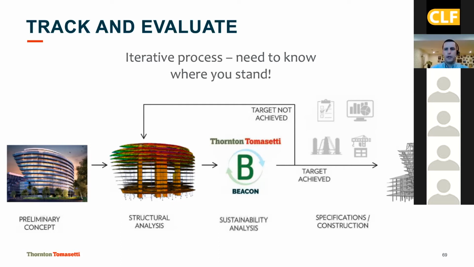We have processes internally that can take us from different models into Revit and back and forth. And so there's this feedback loop that we as structural engineers can and should be taking advantage of to reduce the carbon footprint before we even get into the specification part of the project. So next, please.